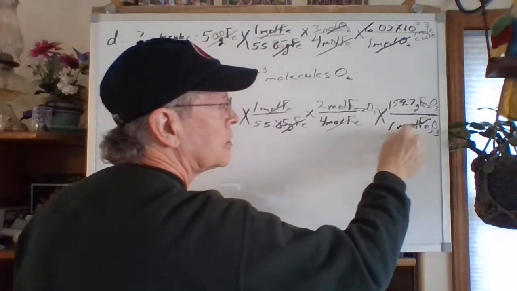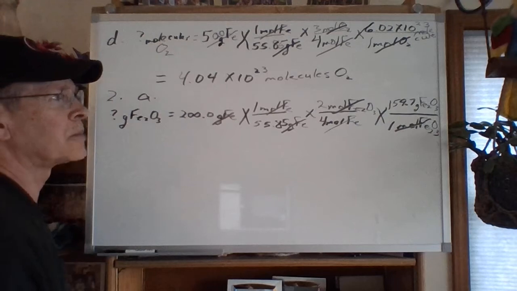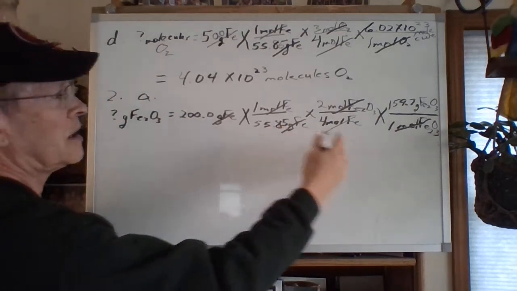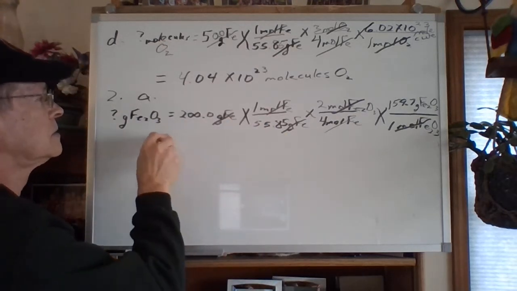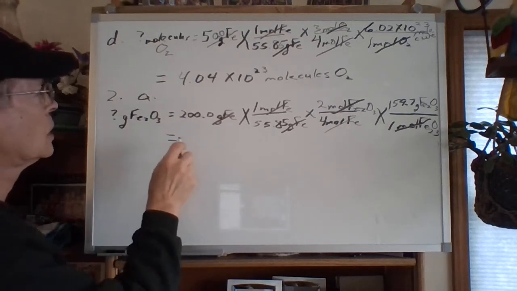The unit label moles of Fe2O3 cancels, and the only unit label we have left is grams of Fe2O3. Ta-da! We factored out everything we didn't want, and we're left with the unit label we do want. Put all that in, and it comes up 285.9 grams of Fe2O3.